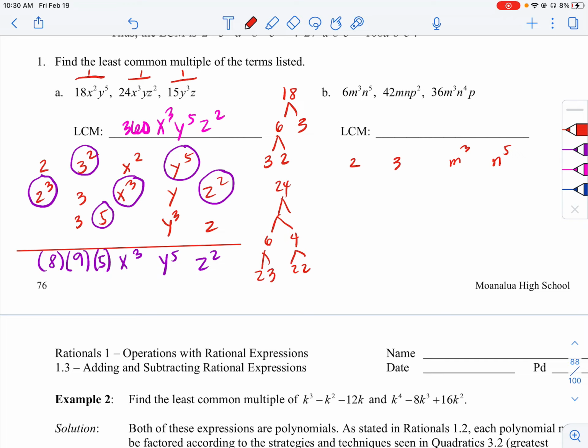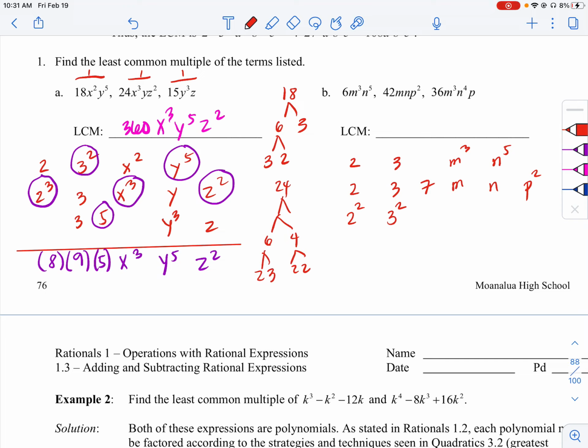For the 42, what is 42? 42 is 6 times 7. 6 is 3 and 2. So 2, 3, and a 7, right? 6 times 7 is 42. We have 1 m, 1 n, and a p squared. Moving on with the 36. 36 is 6 times 6, and then 6 is 3 and 2, 3 and 2. So we have two 2s and two 3s.